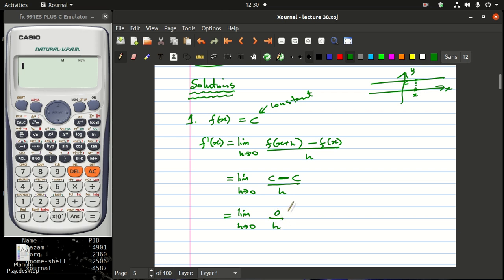Now, whenever I am picking h, h is not 0, but it is so close to 0. That's what is important here. H is not 0, but it is so close to 0 that whatever that value is, when I plug it in here, it is going to be rounded off to 0.